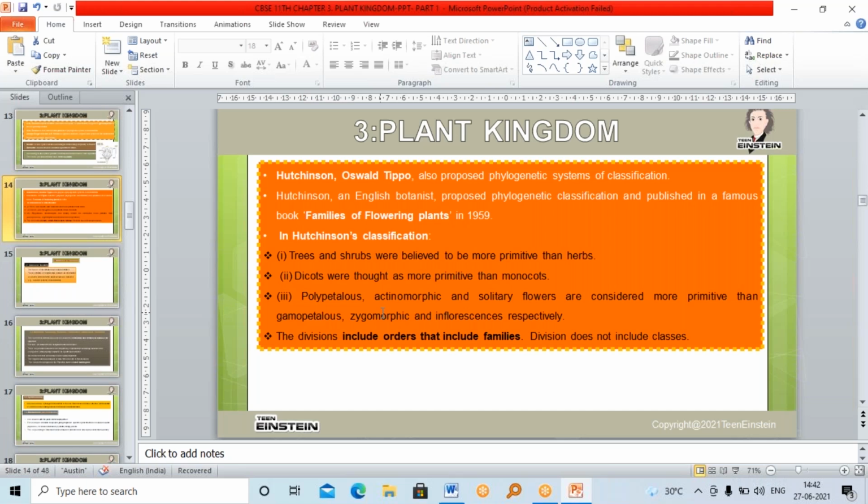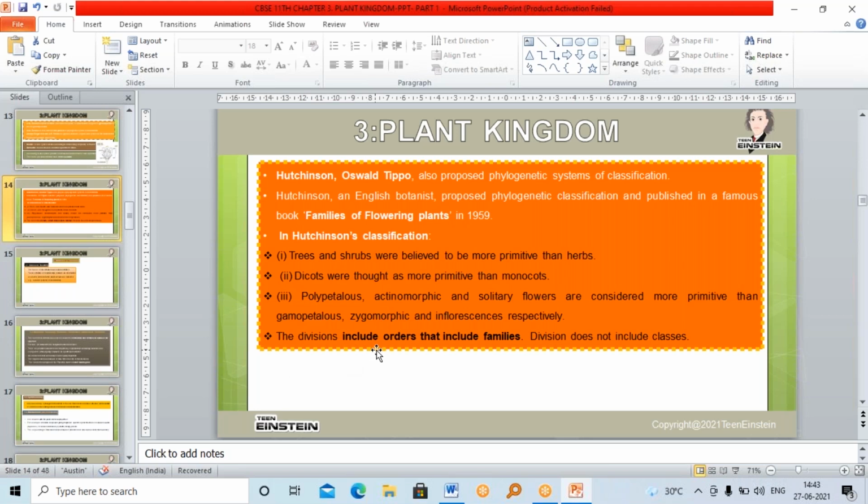So polypetalous means separate petals, and we can cut the flower into two equal halves through any radius. Plants with these characters, and solitary flowers, are considered more primitive than gamopetalous ones, with fused petals and a flower we can cut into two equal halves only one way.